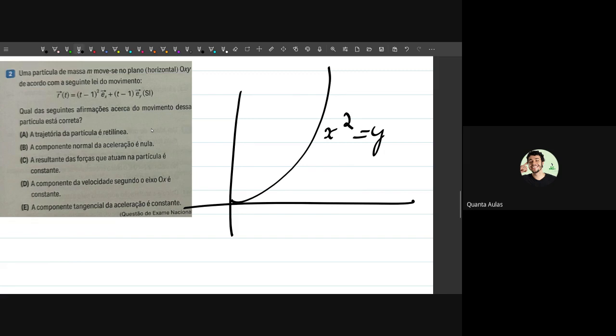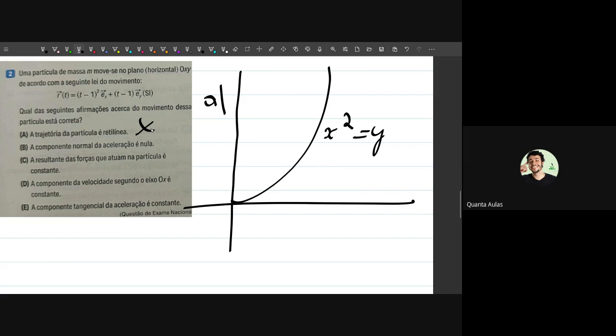Do you agree with me? This is a parabola. So this is wrong, because the path of this particle is not a line. Okay, I will note this here, and let's go to question B.